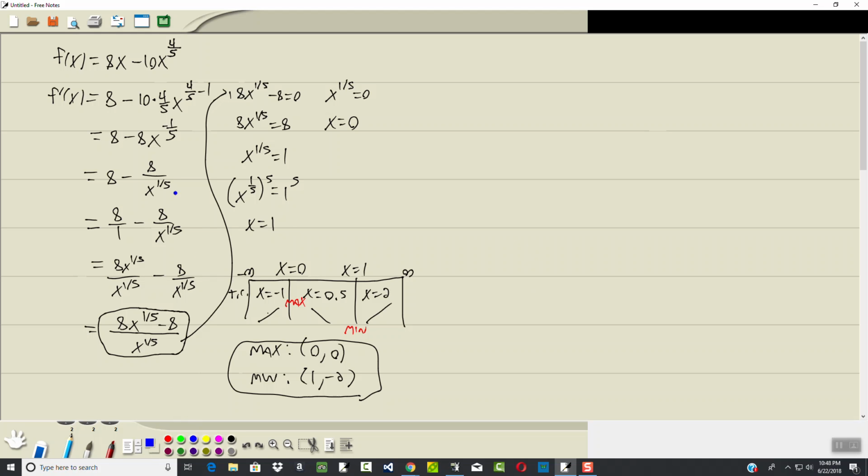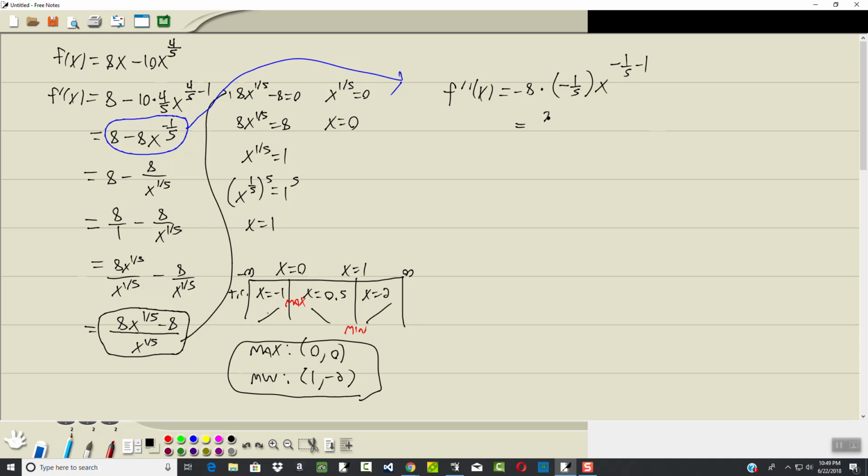Now I need to find my second derivative. It's best to work with this one before you start simplifying, so this is what I'm going to continue with. So our second derivative: the derivative of 8 drops away. Then I got negative 8. Take your power, put it out in front, so put negative 1/5 out in front. x, lower your power by 1.